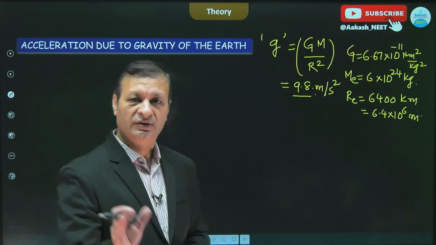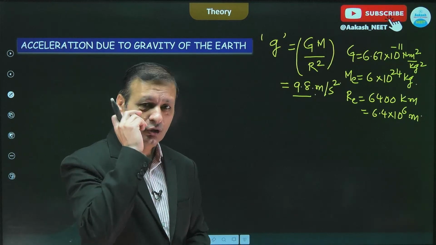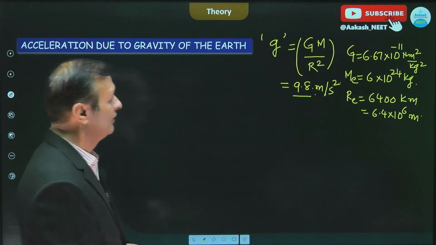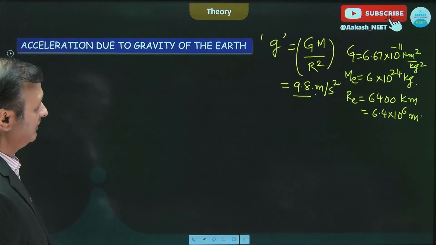So I think this is clear to everyone. There is no doubt about that. So this is acceleration due to gravity.